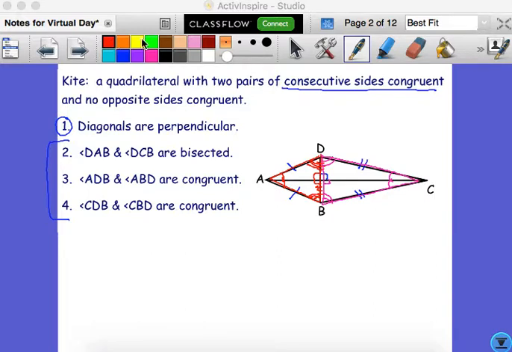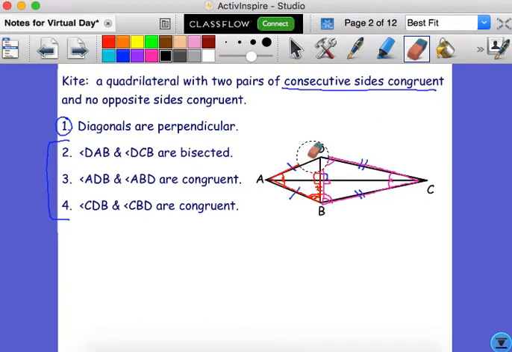So what I'm going to do is erase all of our markings that we have and put them all in one color so we can see what that looks like visually. So we've got all 90-degree angles all around the center. This segment is equal to this one, which means these angles are equal and these angles are equal. It also tells me that this segment is the same as this one.